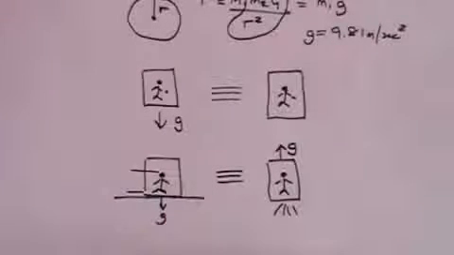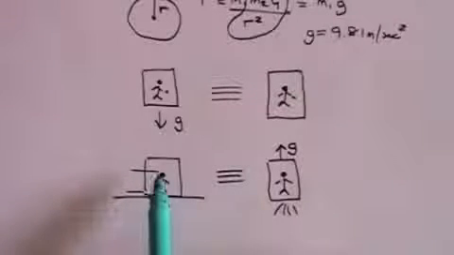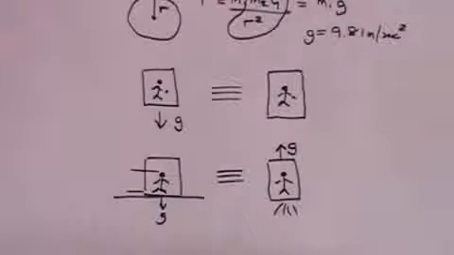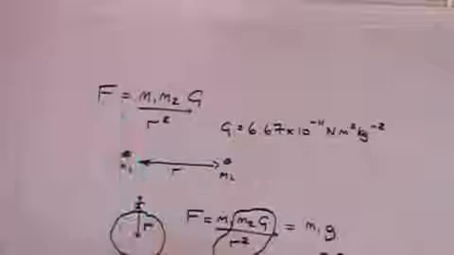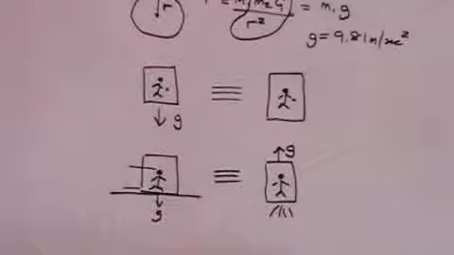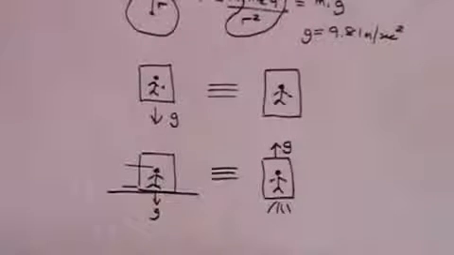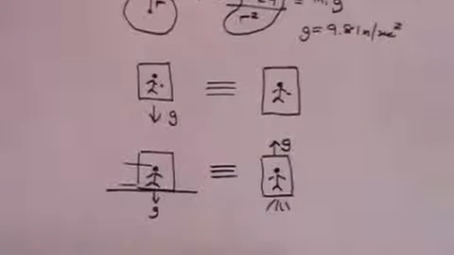Of course it's totally unnoticeable on the Earth, but the force on your head is slightly smaller than the force on your feet because your head is slightly further away, and therefore r squared in this formula is slightly larger, which means force will be slightly smaller. And so there is a difference in the force on your head and on your feet, and that's called a tidal force, and it would tend to stretch you, except that on the Earth it's so small it doesn't make much difference on you. But it does make a difference on the oceans.